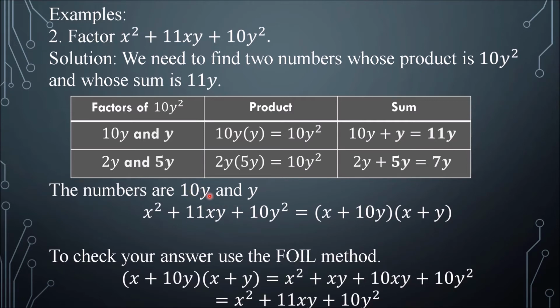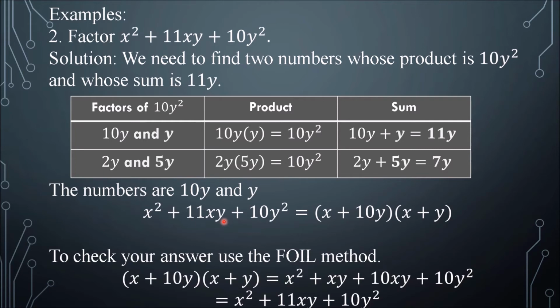Now, getting that, we have x squared plus 11xy plus 10y squared is x plus 10y, the first number, times x plus y, the second number. Again, if we multiply 10y and y, the product is 10y squared. And then if we add 10xy plus xy, the sum is 11xy, the middle term.